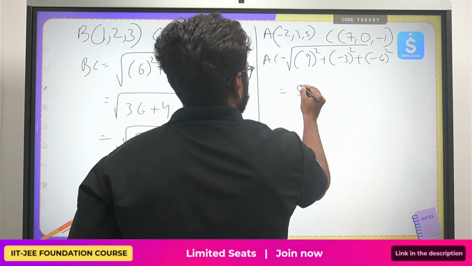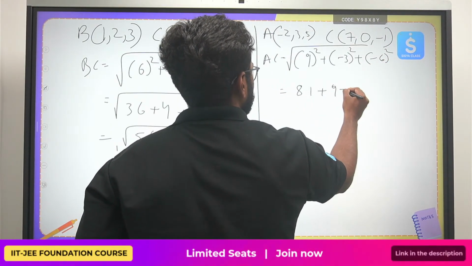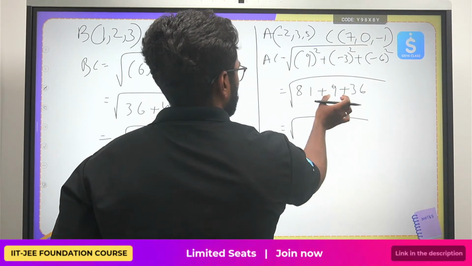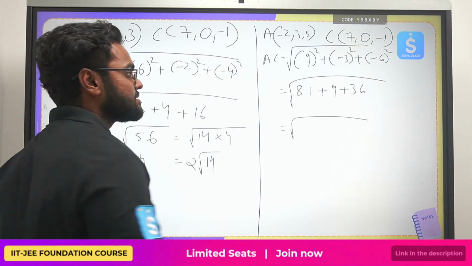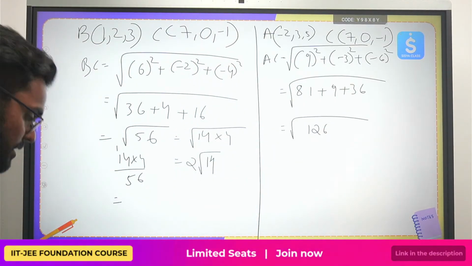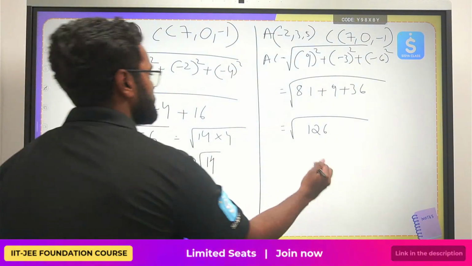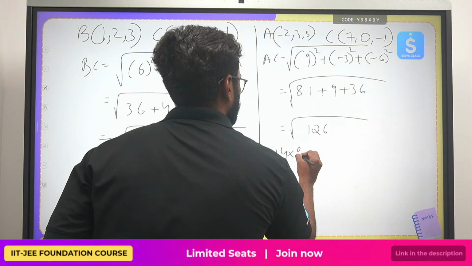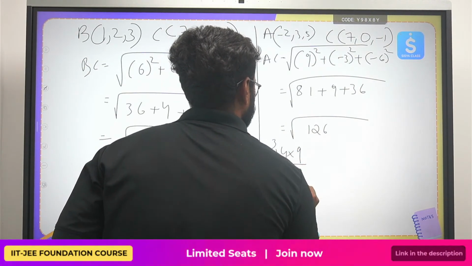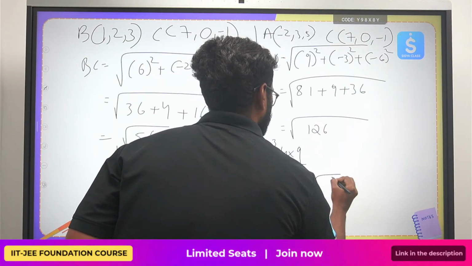That should be 81 plus 9 plus 36. 81 plus 9 is 90, and 90 plus 36 is 126. How can we write 126? It is 14 into 9, which is 3 root 14.